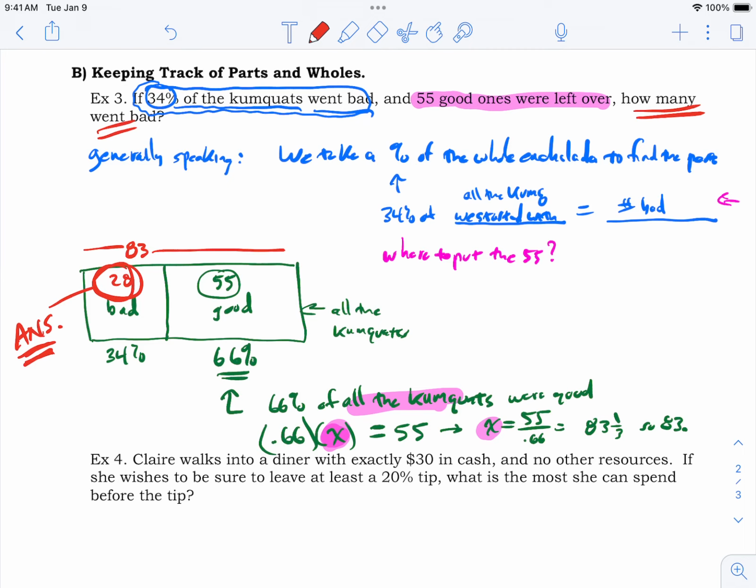So anyway, we had to think that one through, didn't we? This would be a good problem to revisit at some later time. Just cover up the work you've done here. Look at the problem again and say, now, how did we go through this? And you might remember part of it and say, well, we drew a box, right? We had bads and goods. And see if you can step yourself through it just by asking yourself little questions. So what is this?